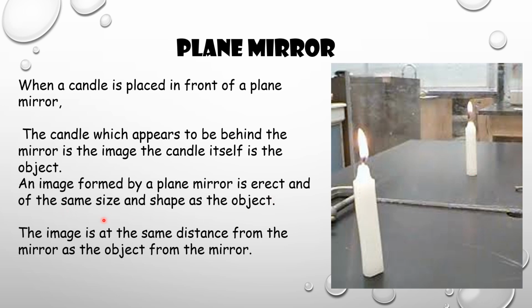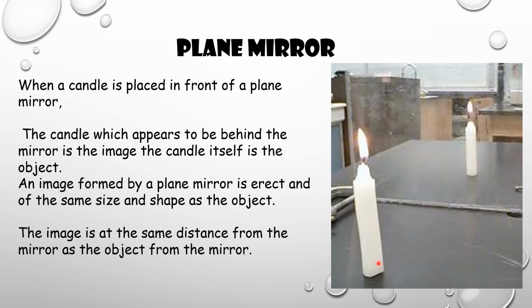And of the same size. Is the size small or big? No, the same size. What is the object size? Same as the image size also. Same size and shape as the object. So size, shape, and erect also, same as the object. The image is at the same distance from the mirror as the object is from the mirror.